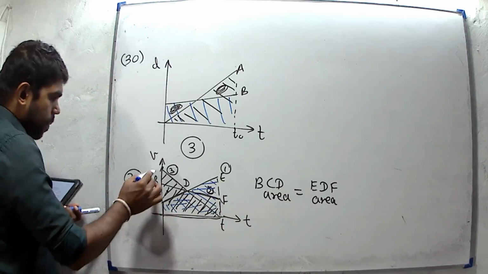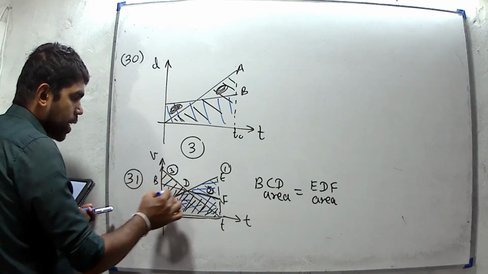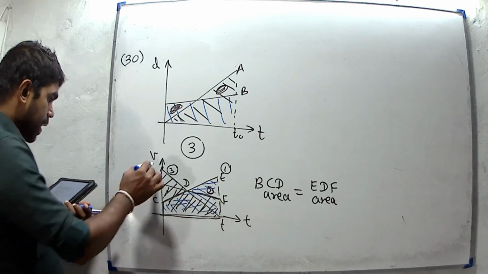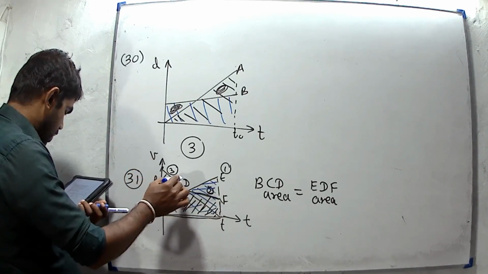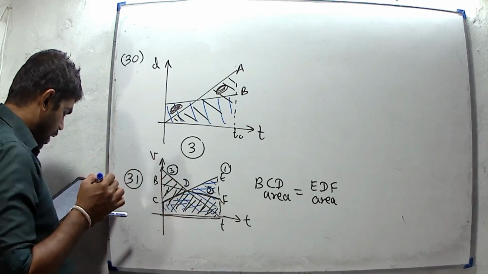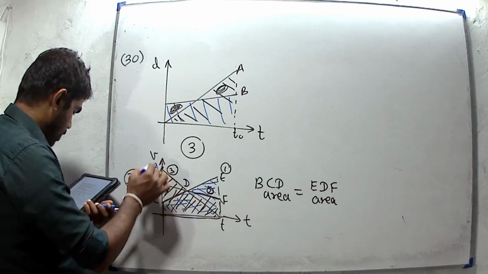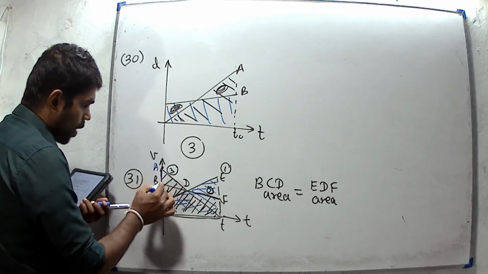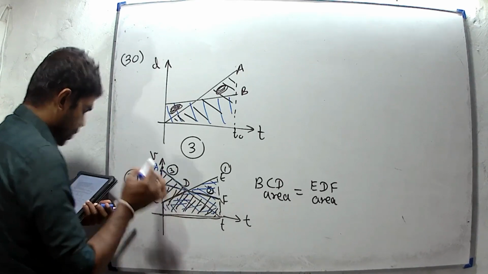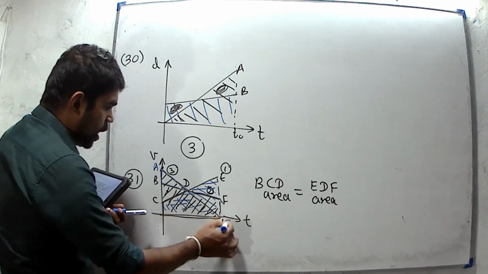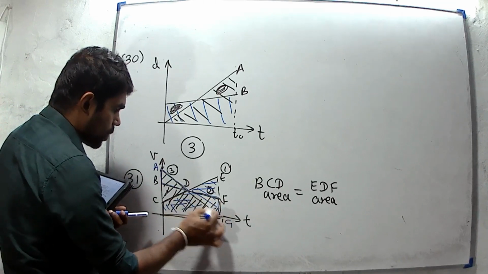It means this triangle should be equal to this part. Then we can get the ABD triangle, this one. It should be equal to the DGF triangle, this one.